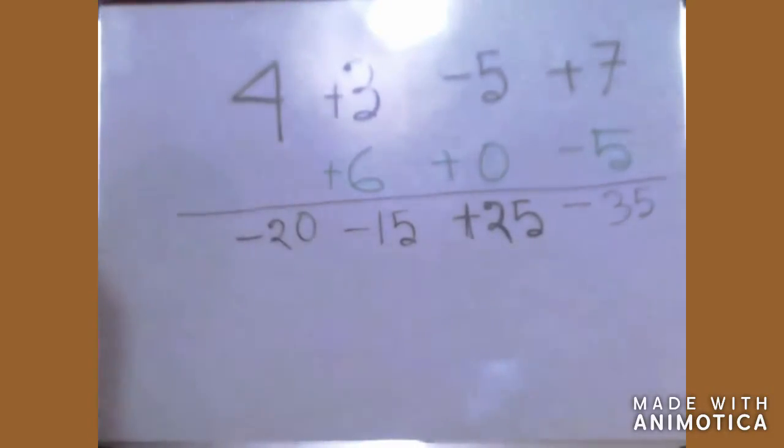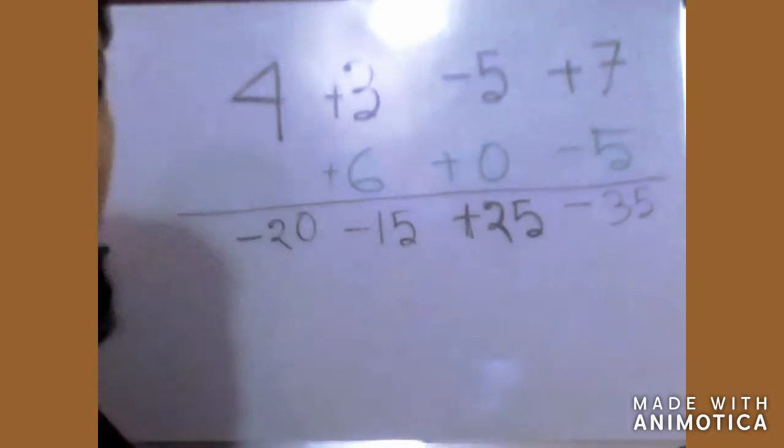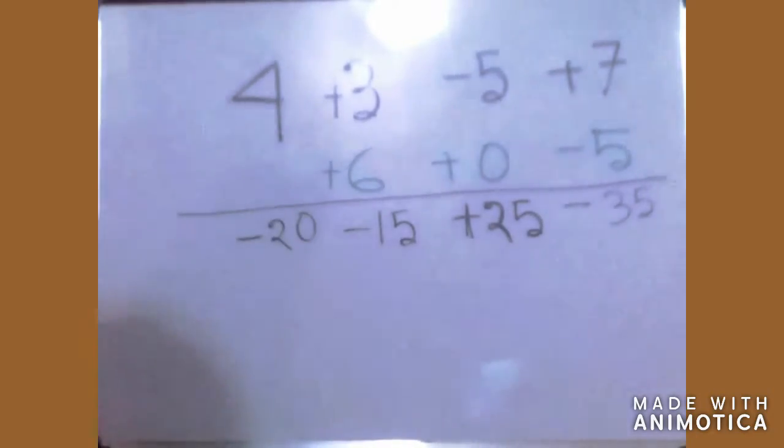Next with 0, as any number multiplied with 0 is 0, all 0. So it's not a problem.